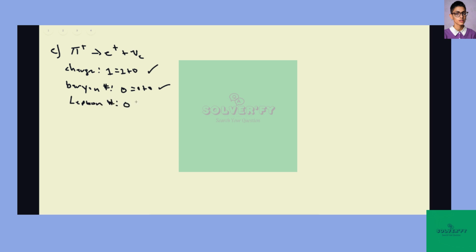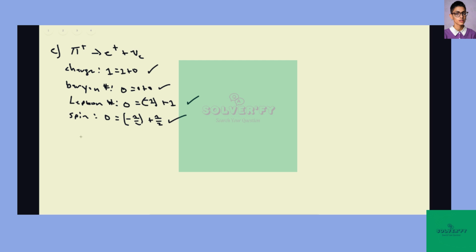Lepton number. We have 0 is equal to minus 1, sorry, plus 1, because that's a positron, so it's minus 1. So that's conserved. Spin, we have 0 is equal to minus 1/2 spin for the positron, plus 1/2 spin for the electron neutrino, so that is conserved.